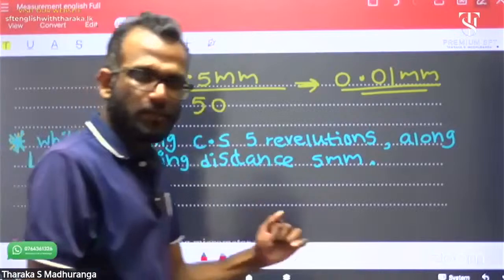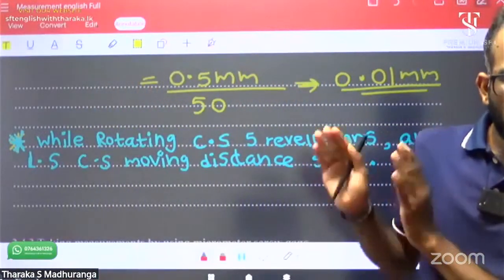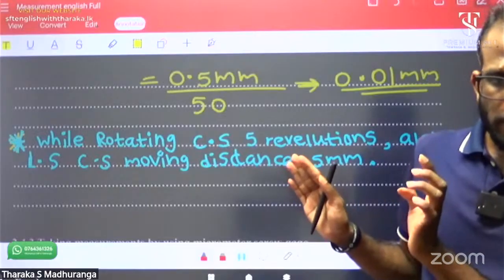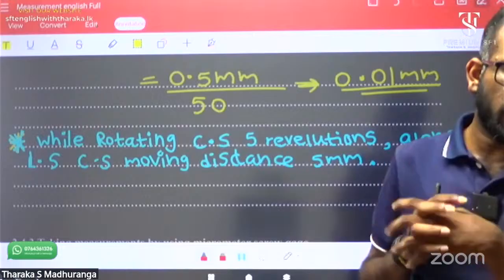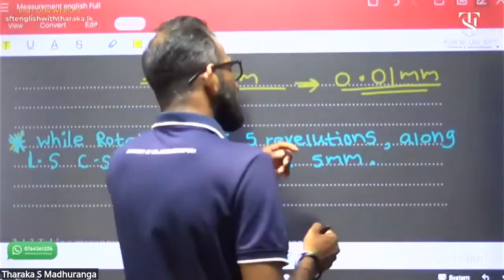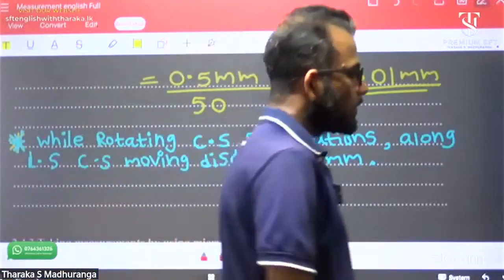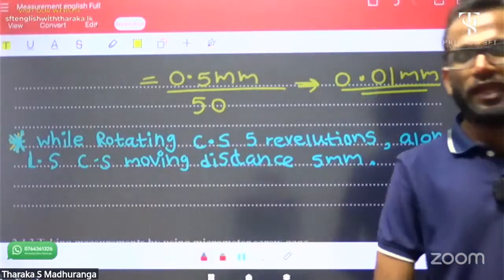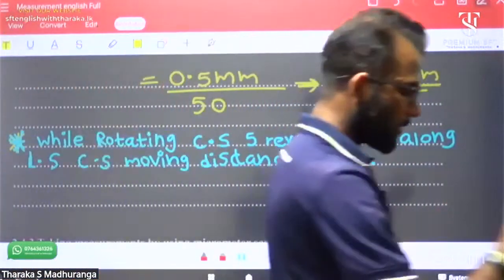Write it down correctly. Calculate the least count of this instrument. Okay, that was the exam MCQ question.